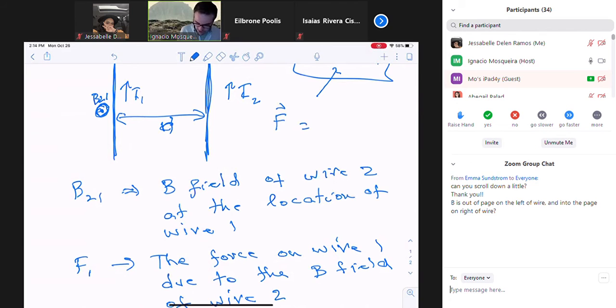The book has it, and the PowerPoint has it in a different way than I like to write it. Let me remind you again. It's a little confusing, not too much. In the PowerPoint, they turn the wire into a vector. I like to write it with the current as the vector. It makes more sense to me to say the current is the vector instead of the wire, but it really doesn't make any difference.